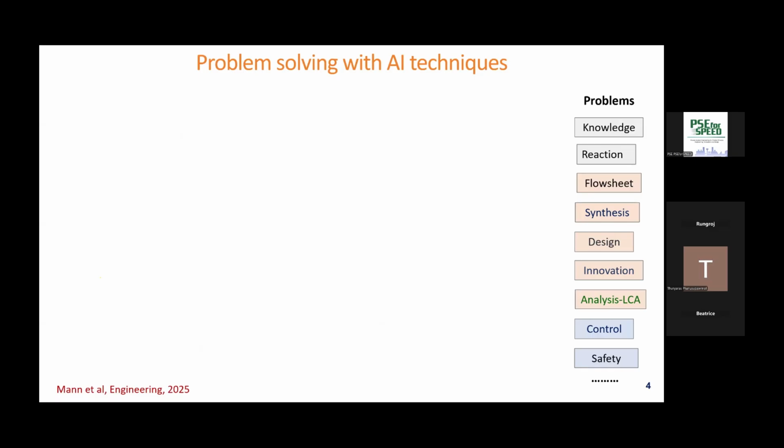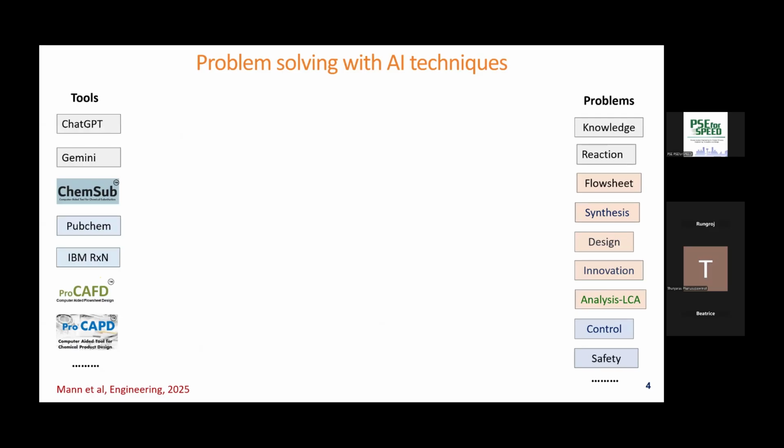Knowledge gaining, reaction path synthesis, then flowsheet drawing, synthesis of flowsheet, design, innovation, analysis, control, safety, and many more. And on the left, I've just listed a few tools, some of our tools, but also tools that we can find in industry as well as on the internet.